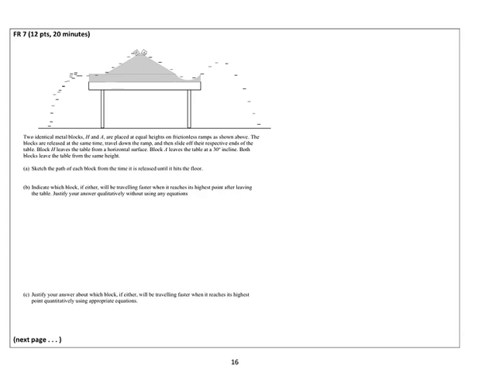Part B asks us to indicate which block, if either, will be traveling faster when it reaches its highest point after leaving the table. The answer is that block B will be moving faster, and there are two different ways to show this.